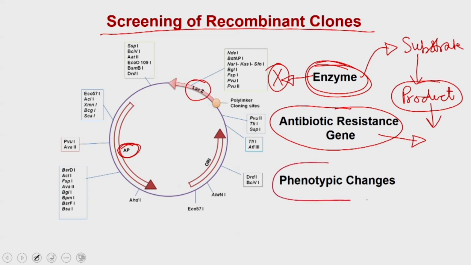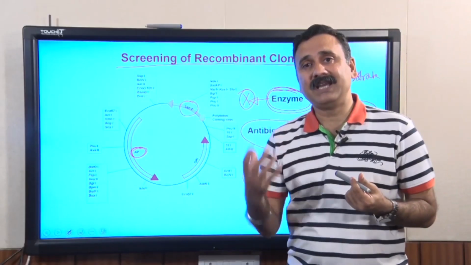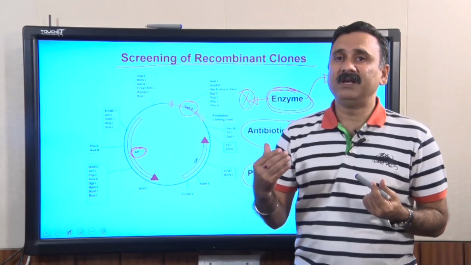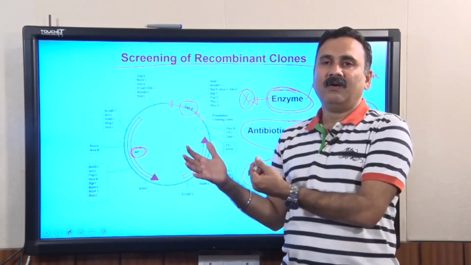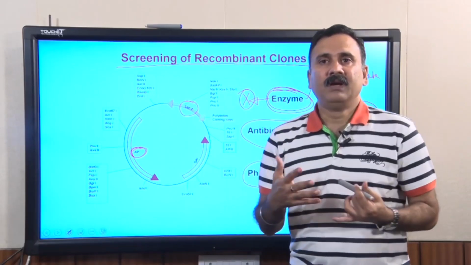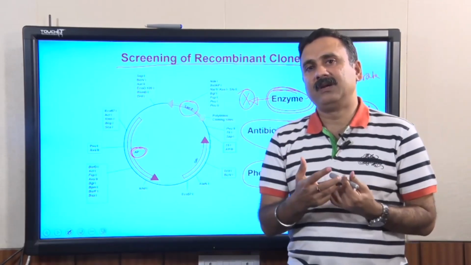The third criterion is phenotypic changes. For example, when you transfect the recombinant DNA into the host, it may induce some typical phenotypic changes in the cell which will be clearly visible. For example, the cells become fluorescent, or become blue, or red.